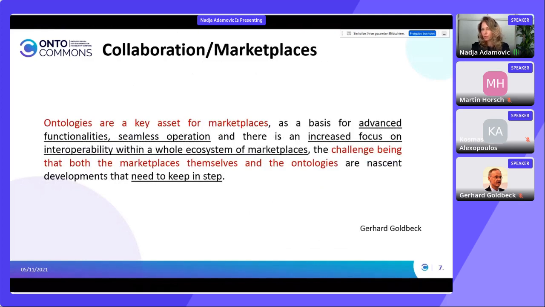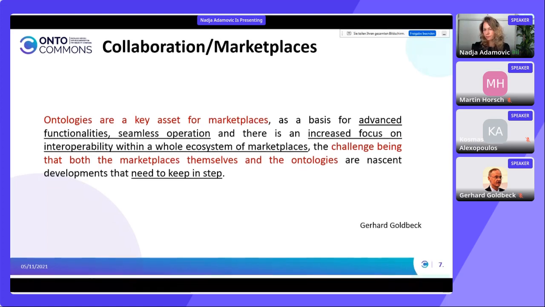Regarding collaboration with marketplaces, ontologies are a key asset for marketplaces as a basis for advanced functionalities and seamless operation, and there is an increased focus on interoperability within a whole ecosystem of marketplaces. The challenge is that both the marketplaces themselves and the ontologies are nascent developments that need to keep in step.